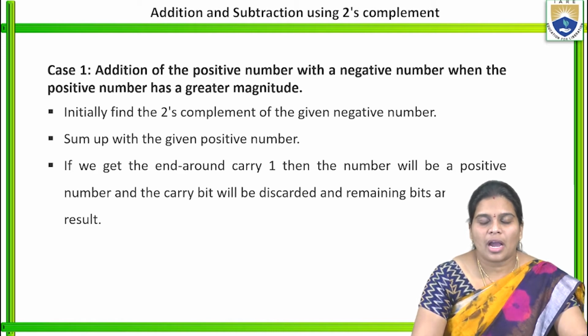Next, if there is any carry, we neglect that carry value. In the twos complement, when we get a carry, we eliminate it. We ignore that carry.